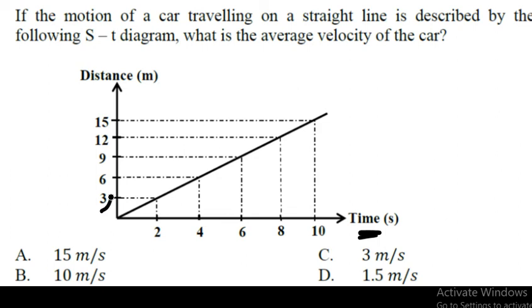When the object moves 3 meters, the time is 2 seconds. When it is 6, the time is 4. Directly, you see? In 2 seconds, 3. In 4 seconds, 6, meaning in every 2 seconds the gap is 3. So what is asked, what is the average velocity?